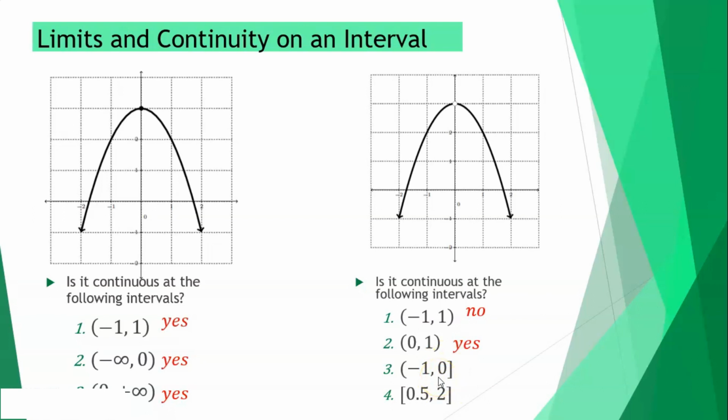So when you see bracket, 0 is already part of the value. It is included. So with this, for number 3, our answer is no. Because again, at x is equal to 0, it is open here. Next, what about from 0.5 until 2? Bracket, our answer here is yes.